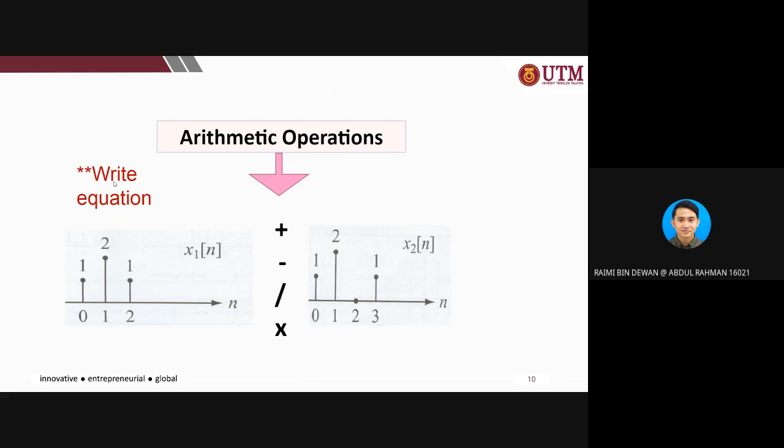First, you need of course to start with writing the equation to understand. For example, our x1[n] has n equal to 0, 1, and 2, with values 1, 2, and n accordingly.